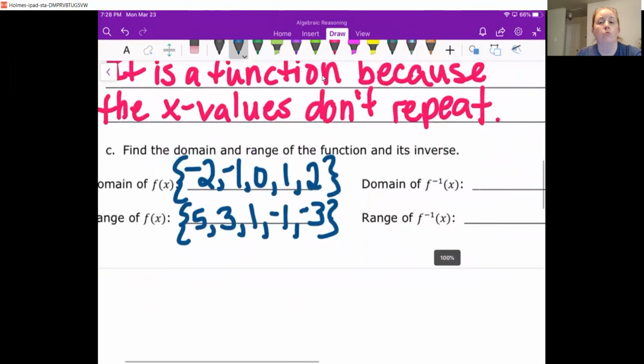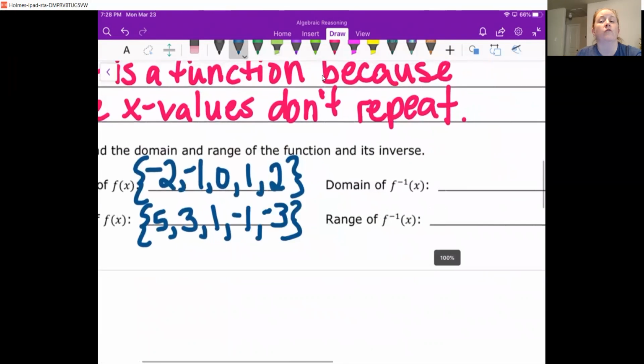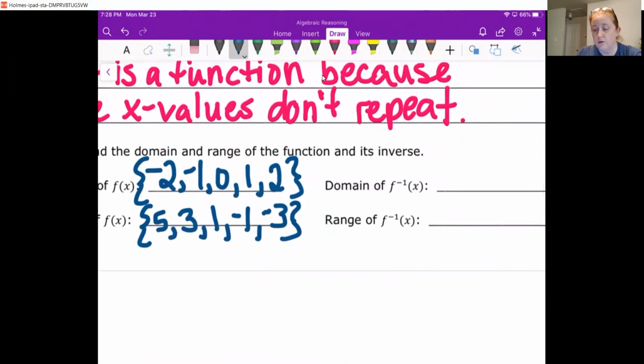Okay, now we're going to want the domain and range of the inverse, because notice over there on the little -1s, now we want the inverse. So like we said earlier, the rule of an inverse is to switch roles.